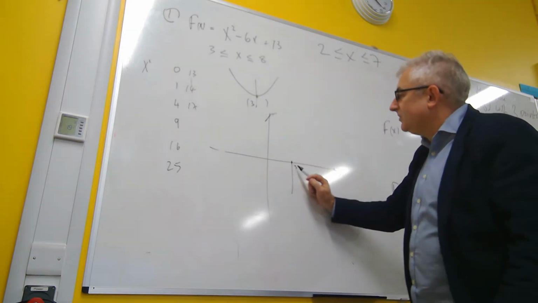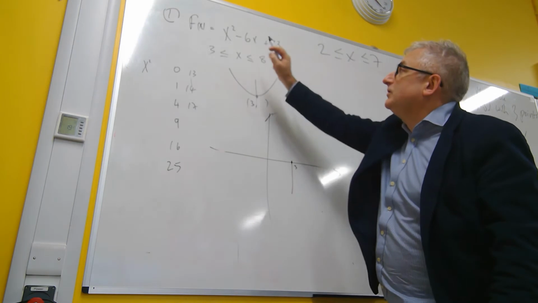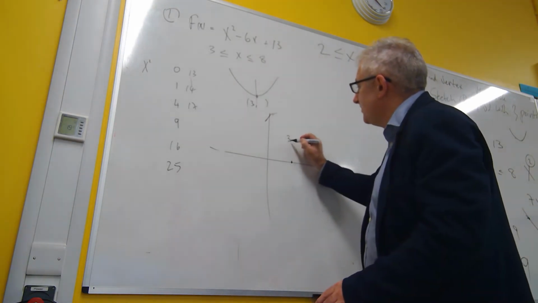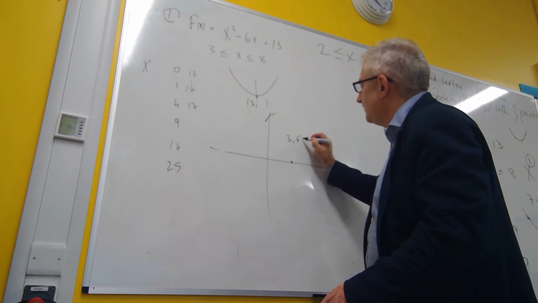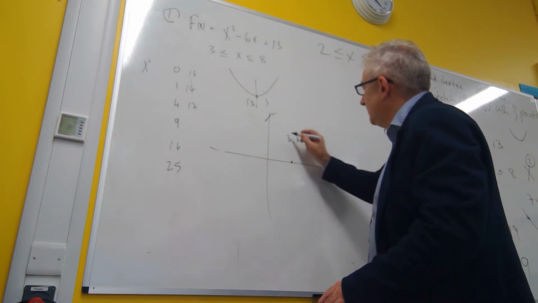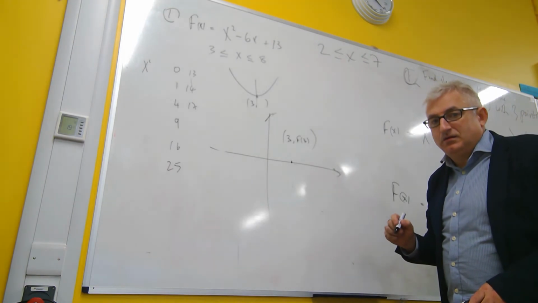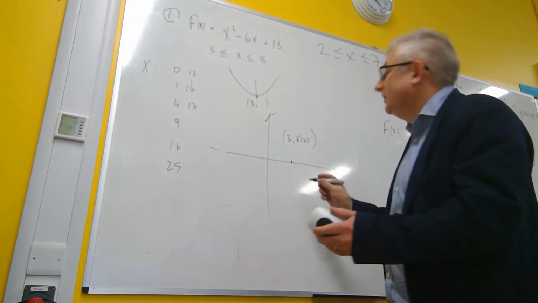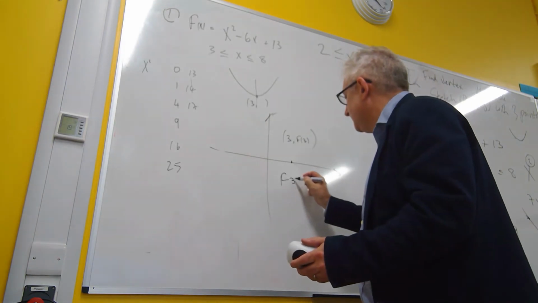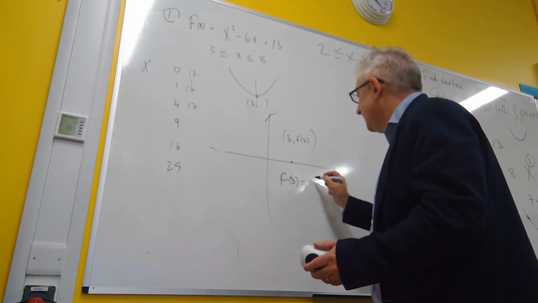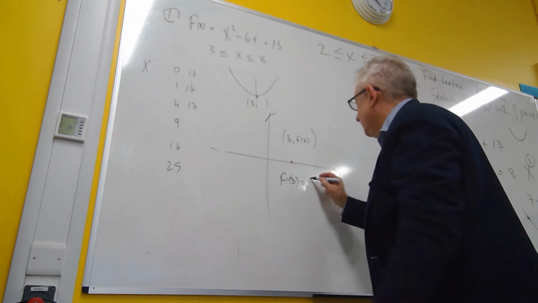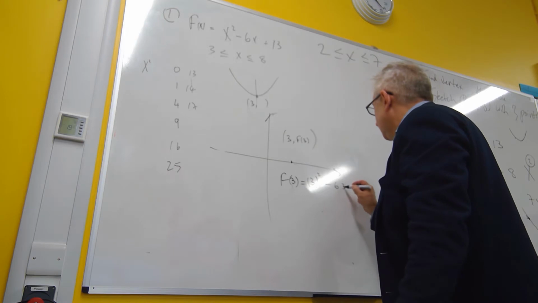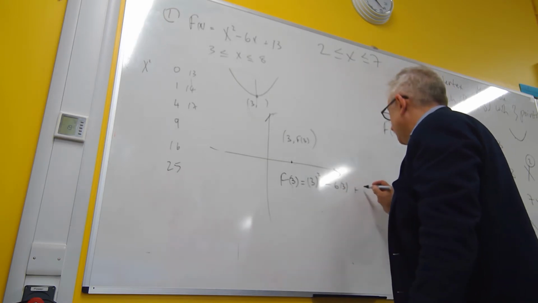So I can substitute 3 into the original function. And I can tell you right now, the bottom of this, the vertex, is 3, f of 3. So calculate f of 3. f of 3, keep it in its jacket, equals 3 squared minus 6 times 3 plus 13.